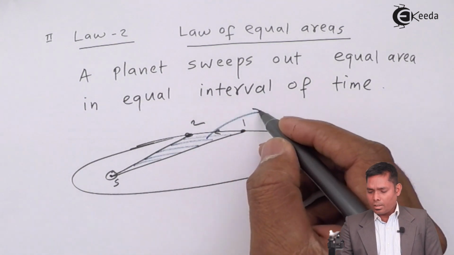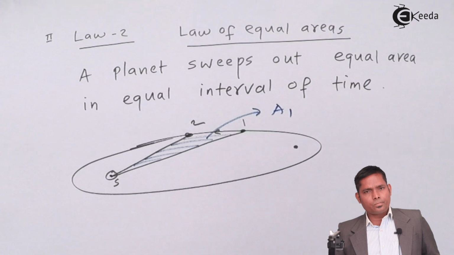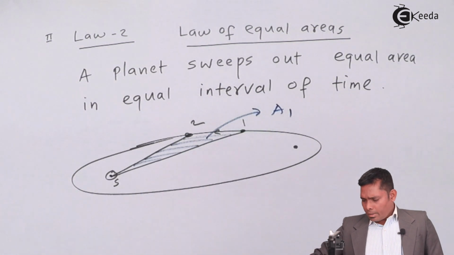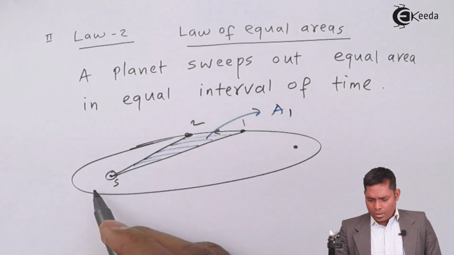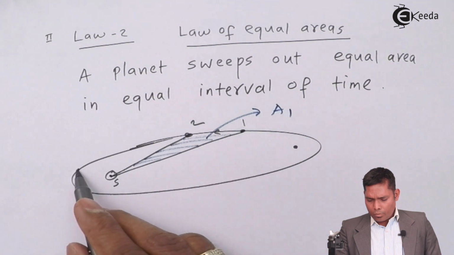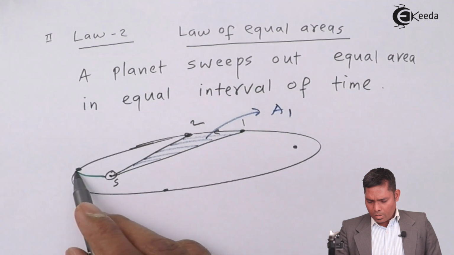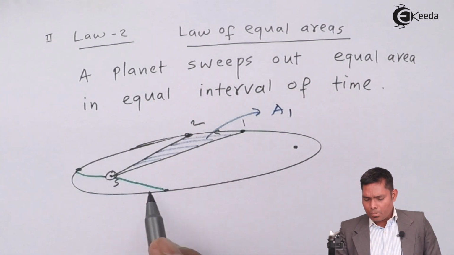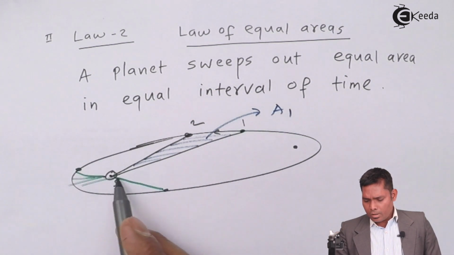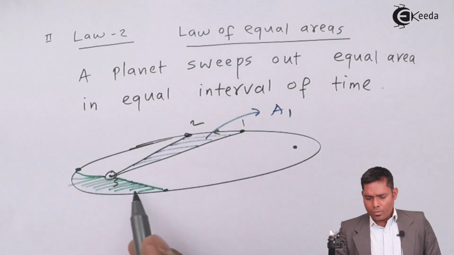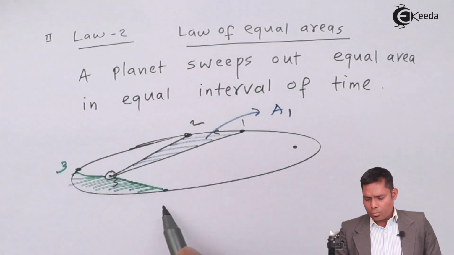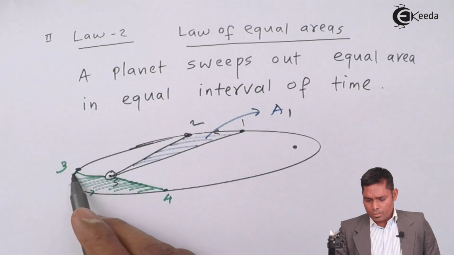Suppose this area is A1, and suppose that the planet is now here and moving from position 3 to position 4 along this path.